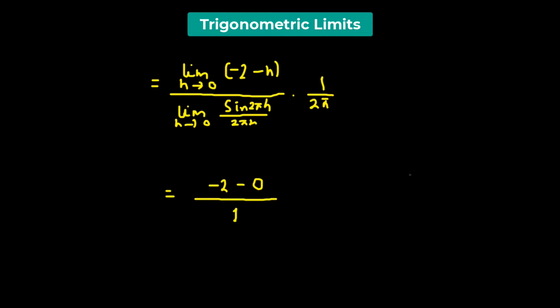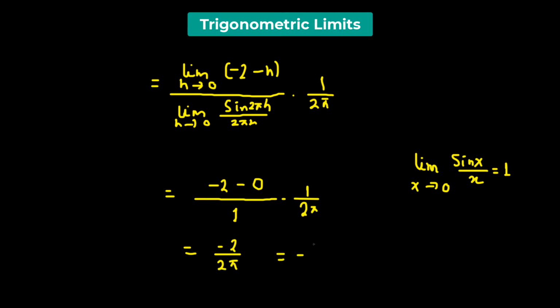So here we're using the definition that limit when x tends to 0, the value of sine x over x is simply going to be equal to 1. Then we have the constant term which is 1 over 2 pi. So that finally gives us negative 2 over 2 pi. The 2 and 2 get cancelled out. So we have minus 1 over pi. So this is the limiting value of our given function when x tends to 1.